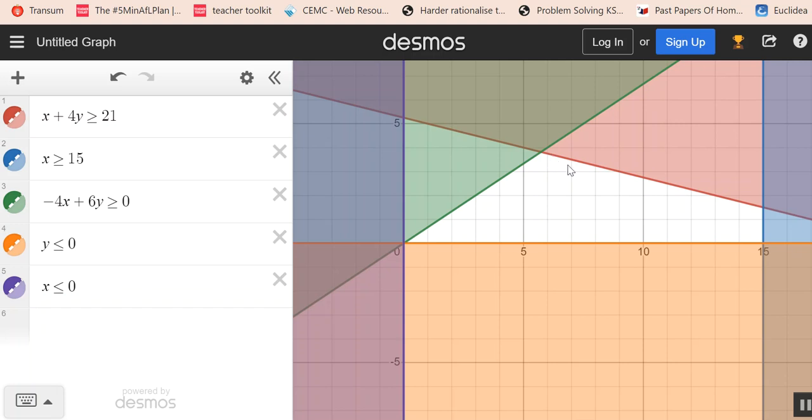So 10 on the x-axis, 10 and 2.75. Why don't you try it? Try that, see whether that makes it a higher value of P. 10 and 2.75. It's 400.